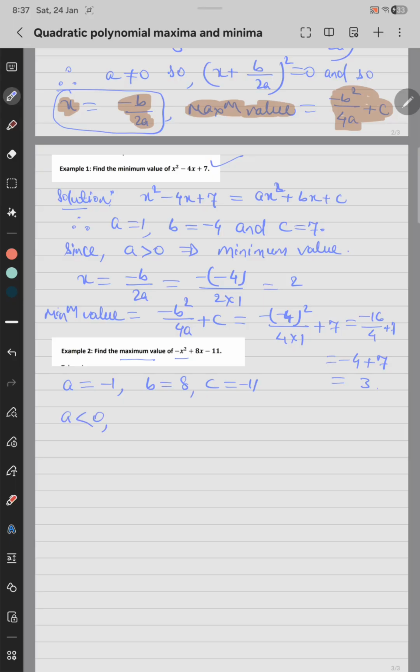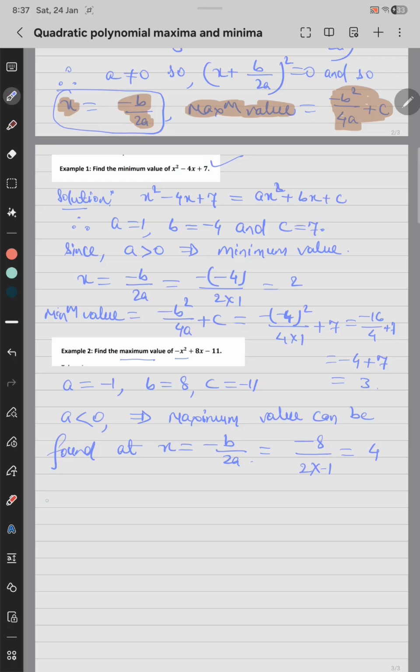Now since a is less than 0, this implies the maximum value can be found at x is equal to minus b by 2a. So put x is equal to minus b by 2a, which is minus 8 divided by 2 into minus 1, which is equal to 4.